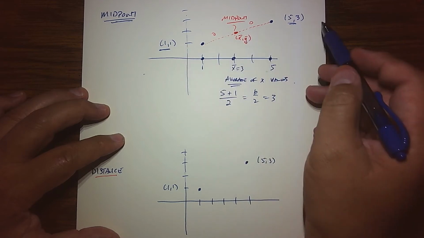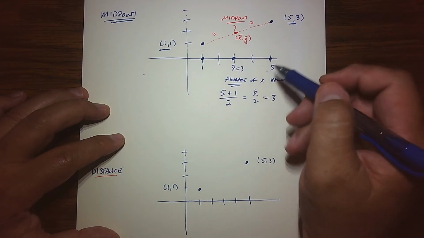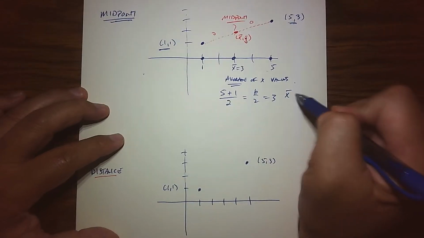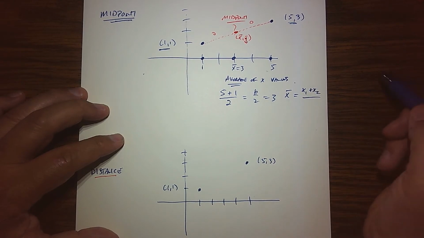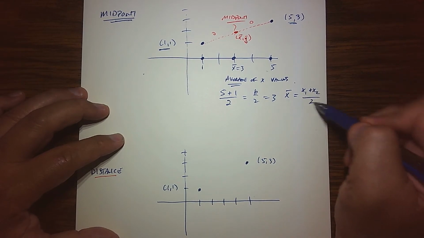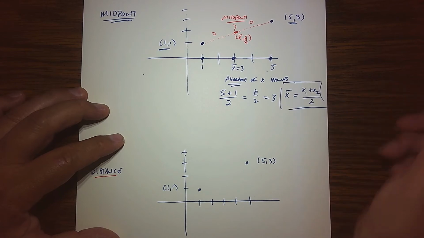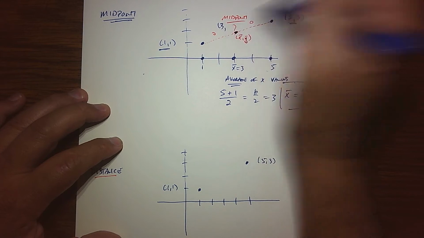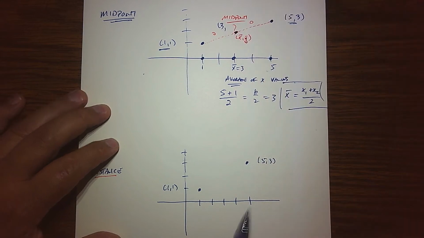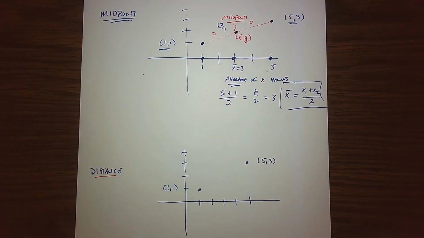This works anywhere you are, not just these nice easy points. So to find x bar, we sum up my x coordinates and divide by 2. Right now we know that the point is sitting at 3 comma something else. That is how you find the x coordinate of your midpoint.